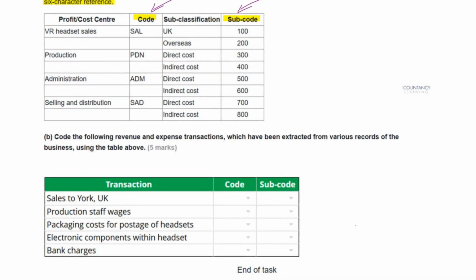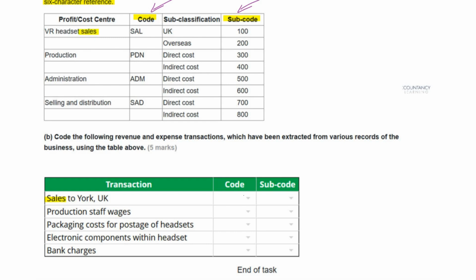Part B is code the following revenue and expense transactions which have been extracted from various records of the business using the table above. Our first transaction is sales to York in the UK. So we're going to be looking for the sales side of things, that's going to be our VR headset sales.